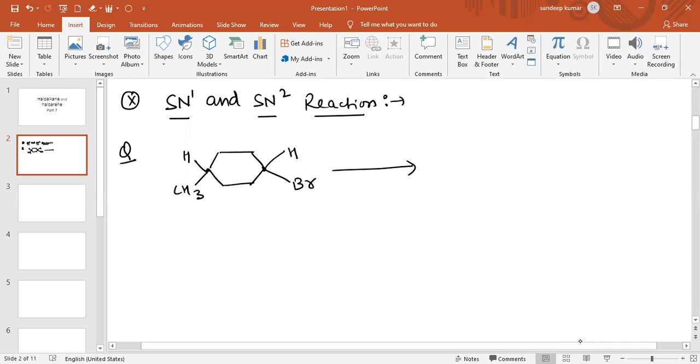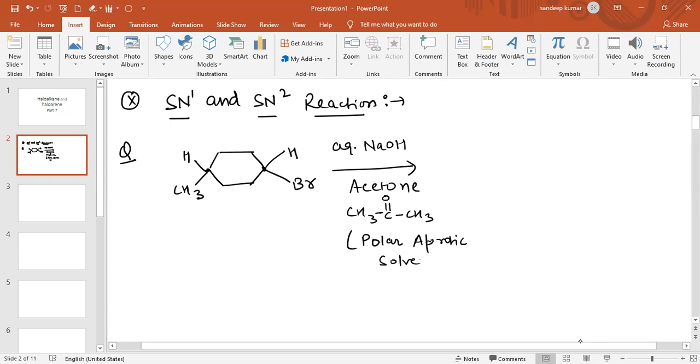When we add aqueous NaOH in the presence of acetone, acetone is CH3, C double bond O, CH3, and this solvent is a polar aprotic solvent.